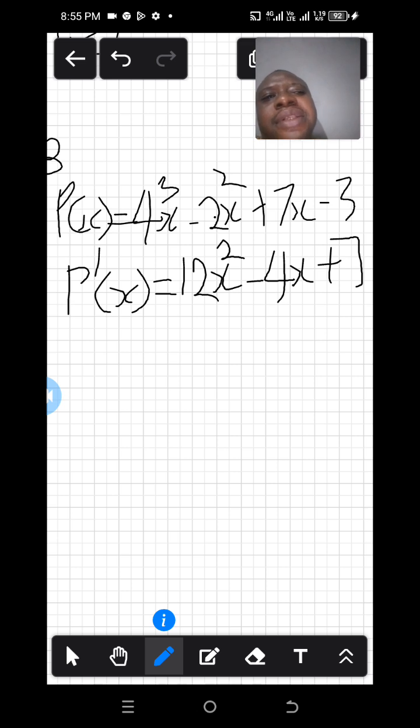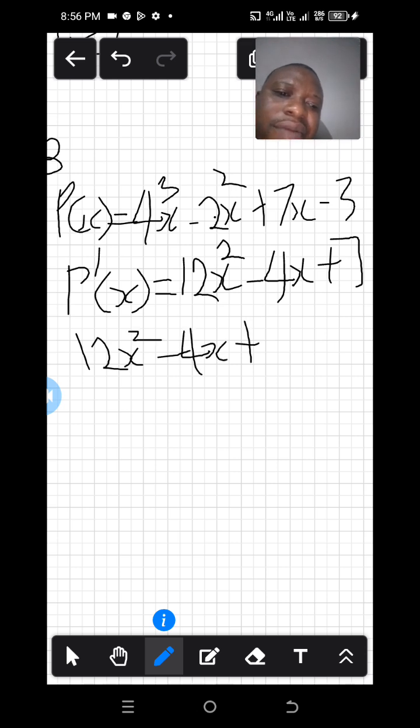At times we call the critical point the turning point as well. It is the point where the differentiation is equal to 0. So we equate the derivative, 12x squared minus 4x plus 7, equals 0.